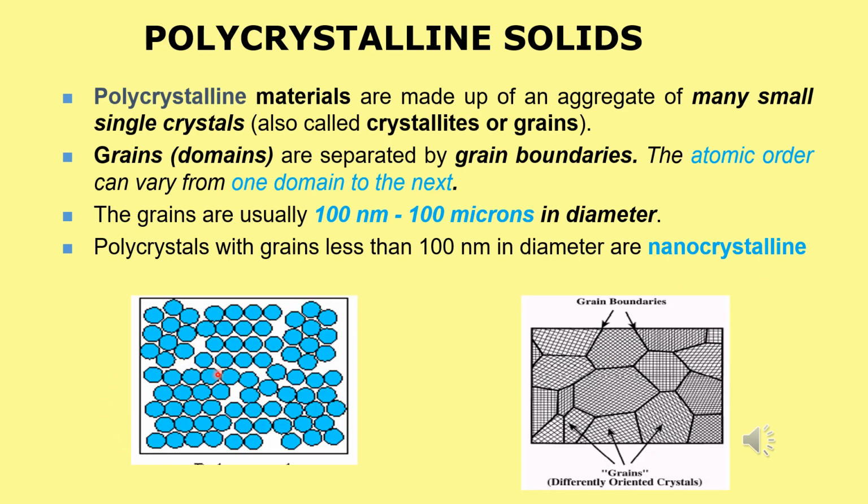Polycrystals have order up to a few atomic or molecular distances, and then there is a change in orientation, and that's why we have grain boundaries here. So different grains are here, and one grain is separated from another by a grain boundary.